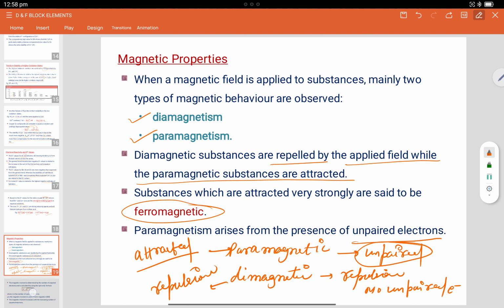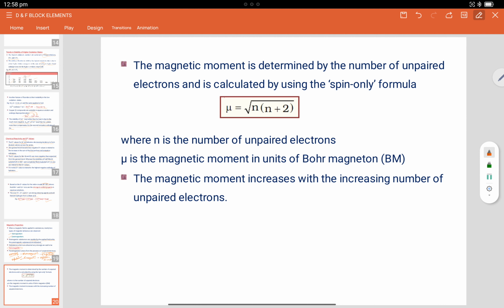The magnetic moment is determined by the number of unpaired electrons, and it is calculated using the spin only formula. Mu is equal to under root n into n plus 2, where n is the number of unpaired electrons.